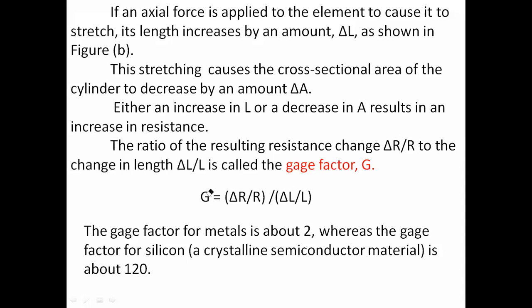If we consider G equal to (delta R by R) over (delta L by L), for a small value of delta L there is a large value of delta R, which results in a high gauge factor. If the gauge factor is low, it means that for a large change of the length, the delta R will be very small. Such a property of material is not required.